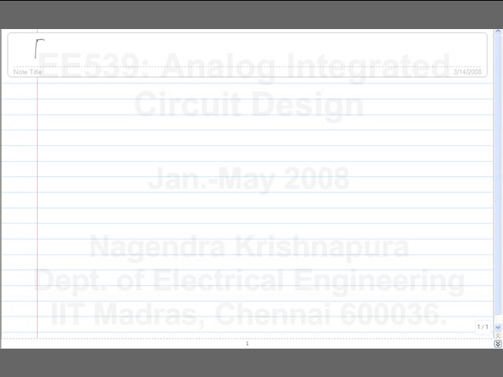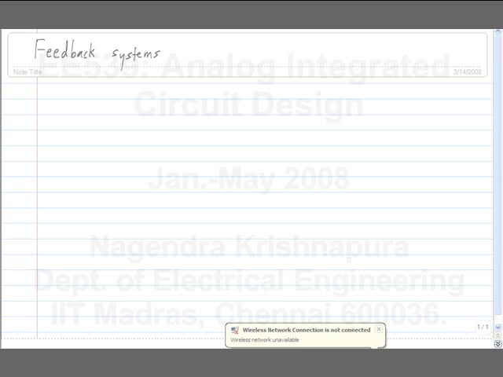So, if you recall our discussions from the first couple of weeks, to make a feedback system, we needed to take the difference between the input and the feedback quantity. In this case, I will assume them to be voltages, and pass the difference through an integrator.